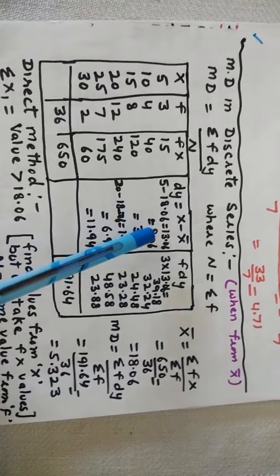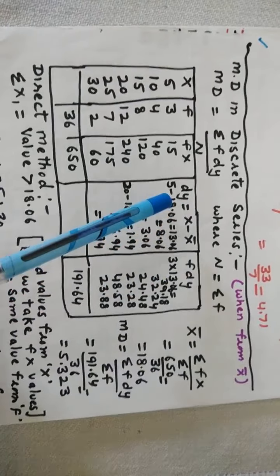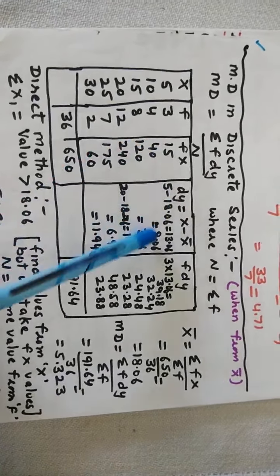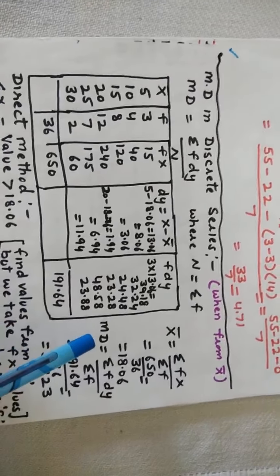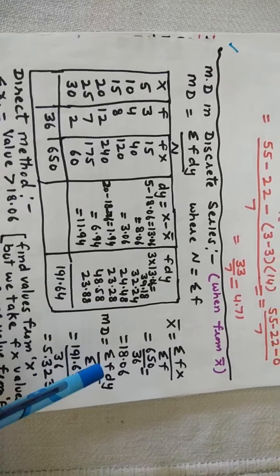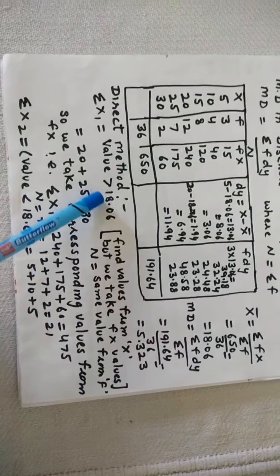Take deviation with the mean, then multiply deviation with frequency. 8.06 multiplied with 4, we get this. This is the value after multiplying deviation with frequency. Total is 191.64. Mean deviation is summation f dx divided by summation f. Summation f is 36 and we get mean deviation 5.323.